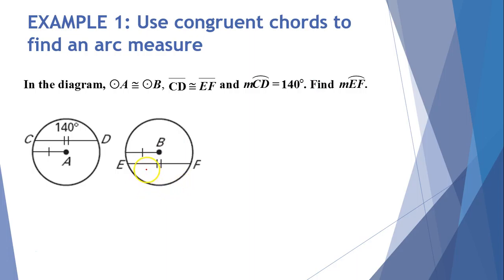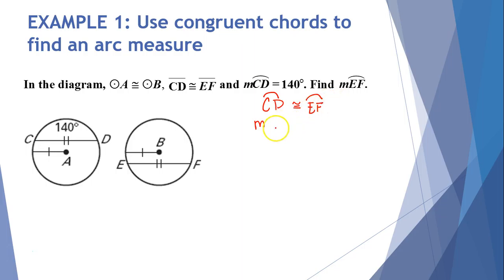So we're just applying that theorem that we just looked at. If we know that this arc is 140 degrees and these circles are congruent and their chords are congruent, then so are their arcs. Their arcs are going to be congruent. So I can say CD is congruent to EF.